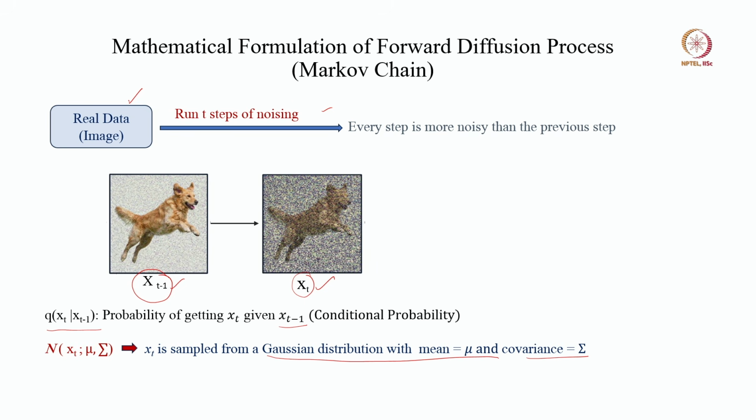The probability distribution can be thought of as a Gaussian distribution with mu and covariance sigma, and it is written as N within brackets, this is x t, which is your sample that you have sampled out, and mu is your mean and sigma is the covariance. So, that is how we mathematically represent when a sample x t is sampled from a Gaussian distribution with mean mu and covariance sigma. That is the mathematical way of writing.